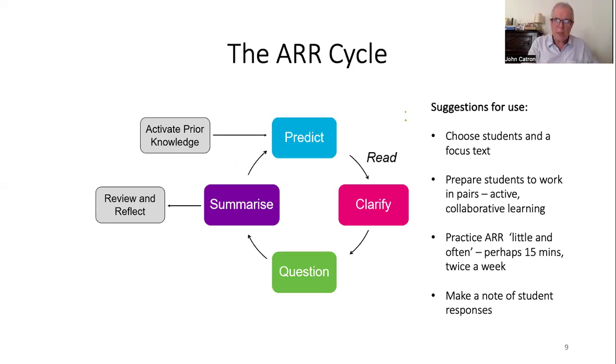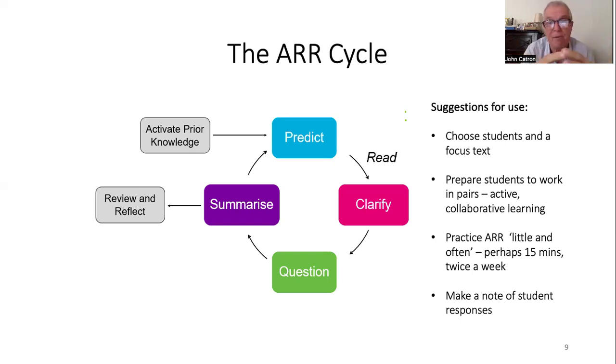Right, let's have a look at, remind ourselves of the 5-step approach to active reciprocal reading. We begin by actively engaging pupils to remember their prior knowledge, activate their prior knowledge. What do they already know about a subject?